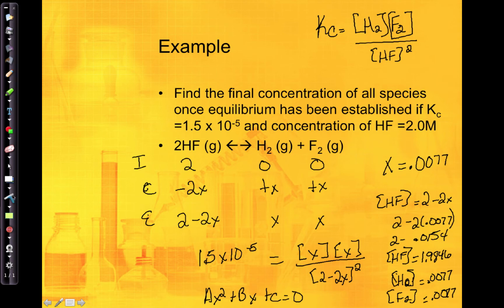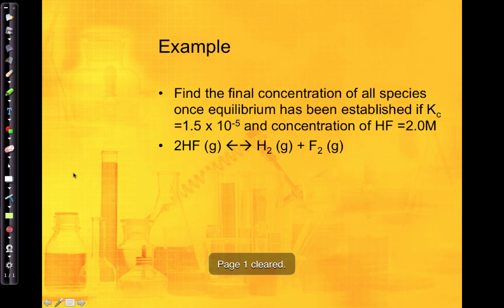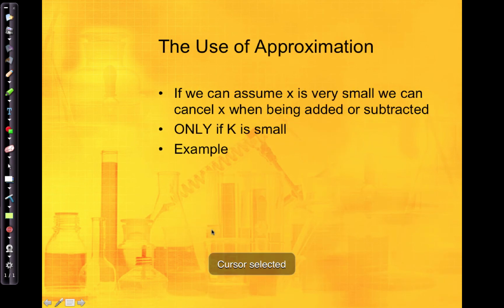Now, there's actually something that we could do instead of having to do a lot of math. This is because K is very small. So you can use something called approximation when K is very, very small. So if it's less than 1, you can do this.